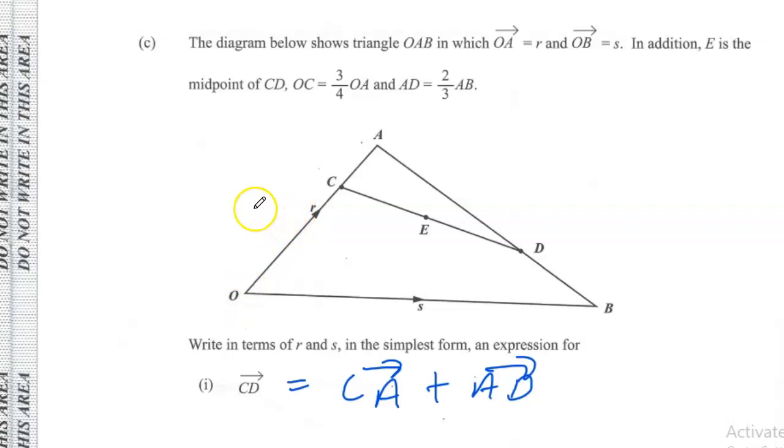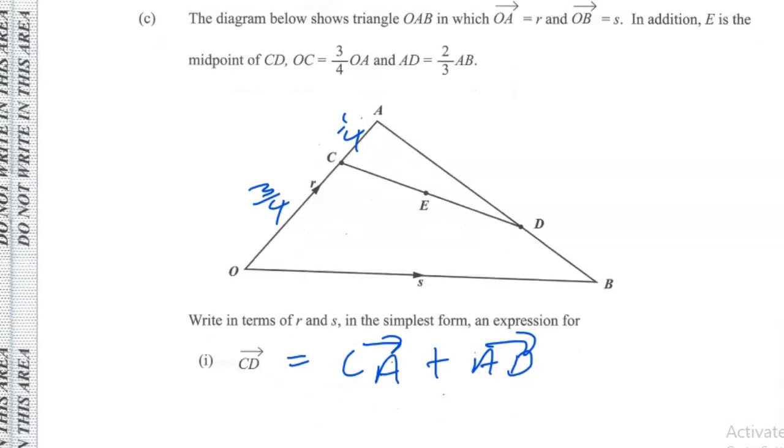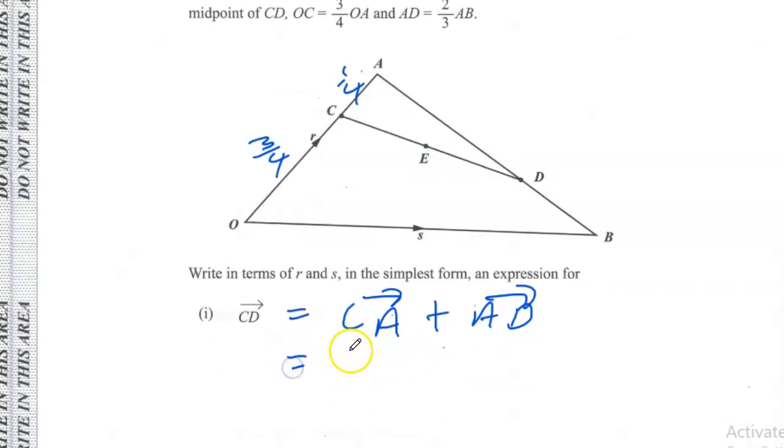So this is OC, so this is 3/4 of the way. So OC is 3/4 of the entire OA, which means CA is 1/4 of OA. And we know OA is R. So CA is 1/4 of R.